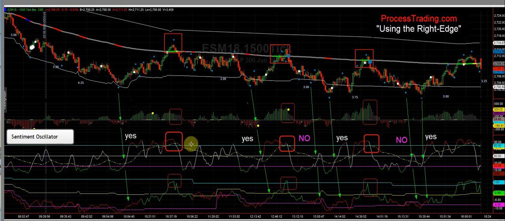The other discretionary indicators are the Intergy, which stands for internal energy, where the green bars show demand coming in and the red bars show supply. The gray bars show weakness coming in.